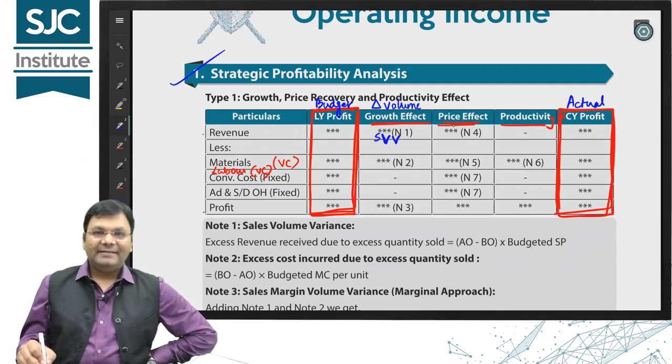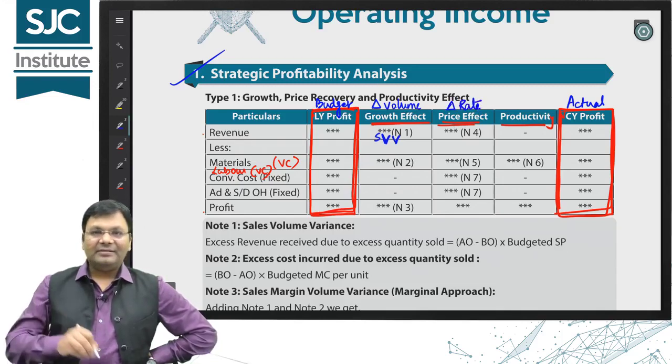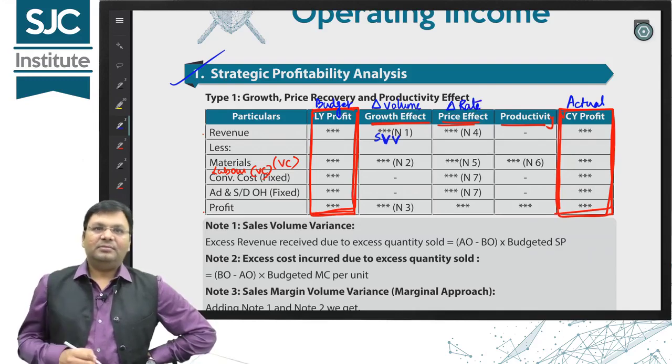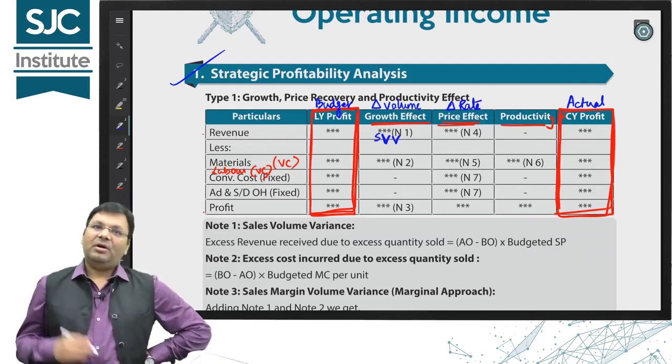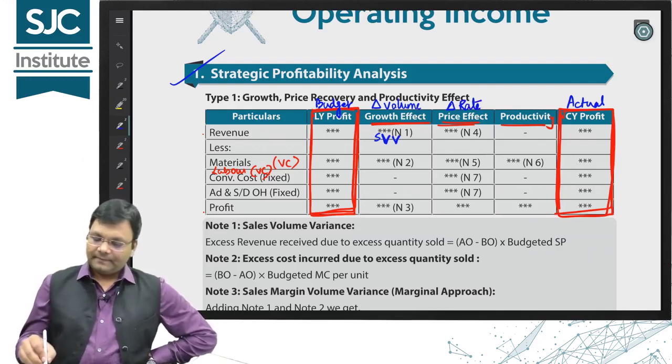Then we have price effect, which is change in rate or change in price: change in selling price, material price or fixed cost price. For sales, it is the sales price variance.